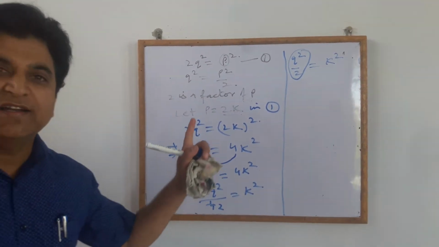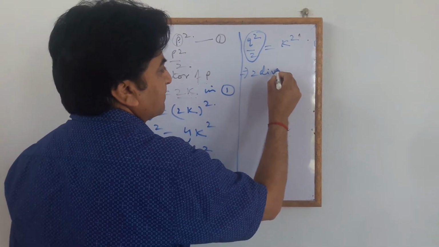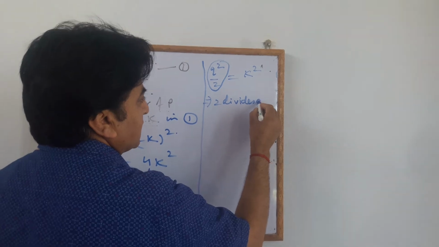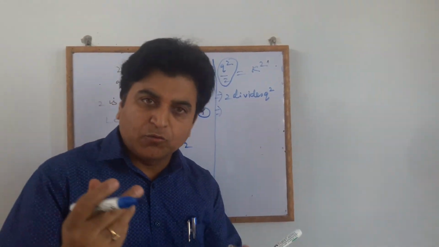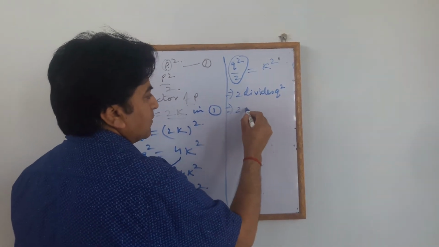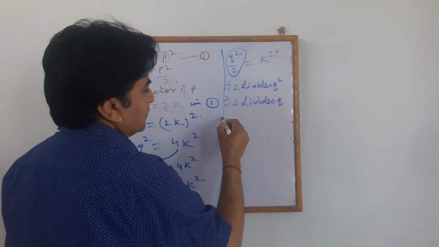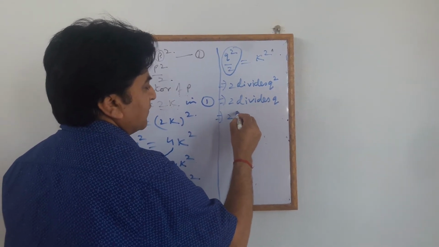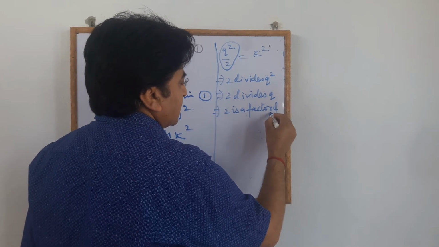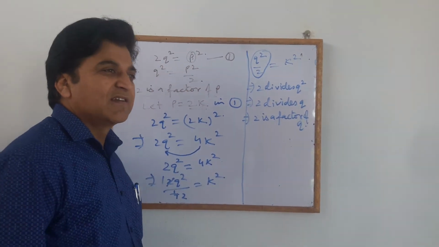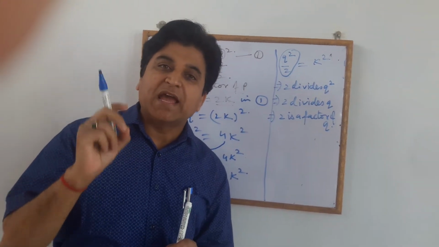It means 2 divides q square, which implies 2 divides q. So which implies 2 is a factor of q.